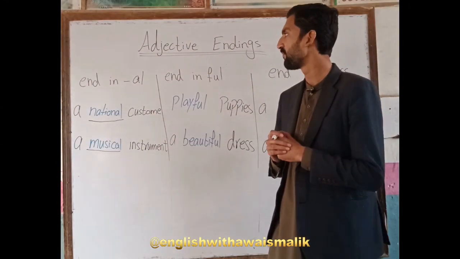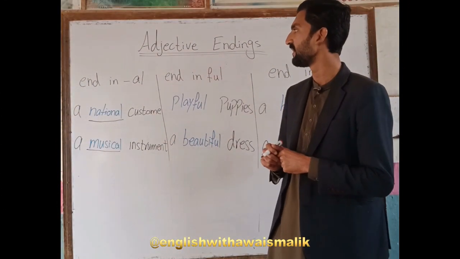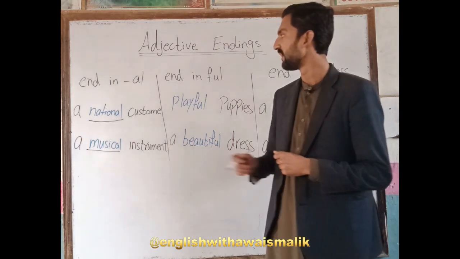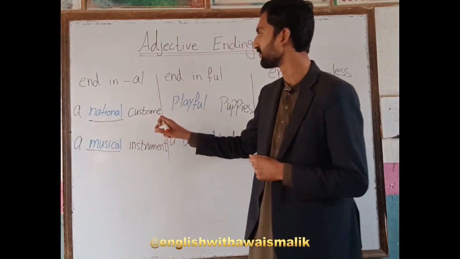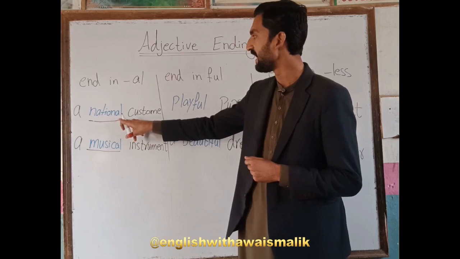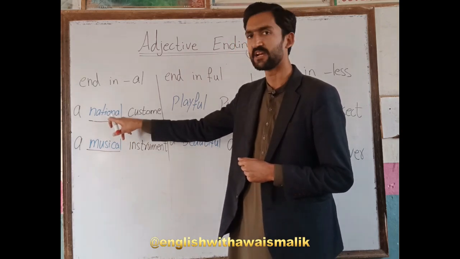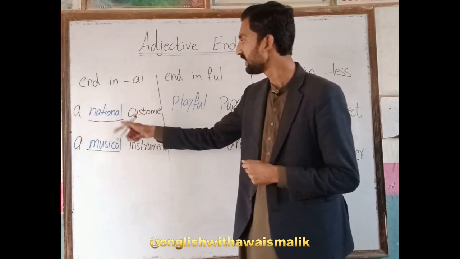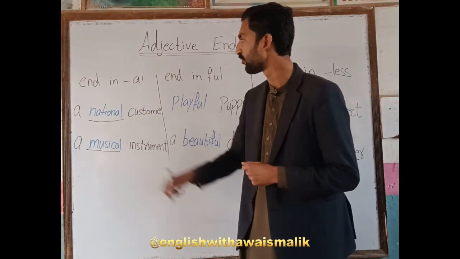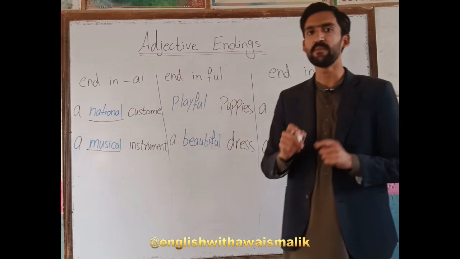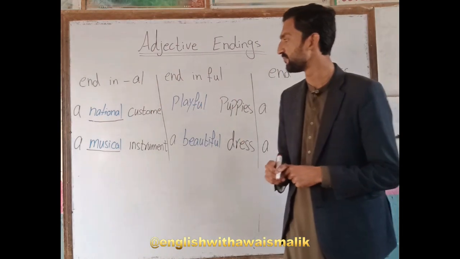Further we have more endings of adjectives. In adjectives we have words like national customs. Here the word national ends with AL. These are adjectives which end with the letters AL.